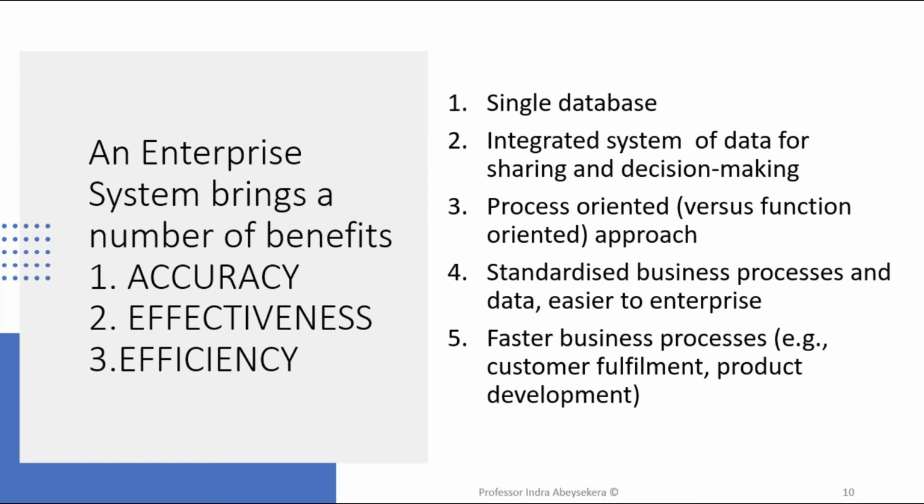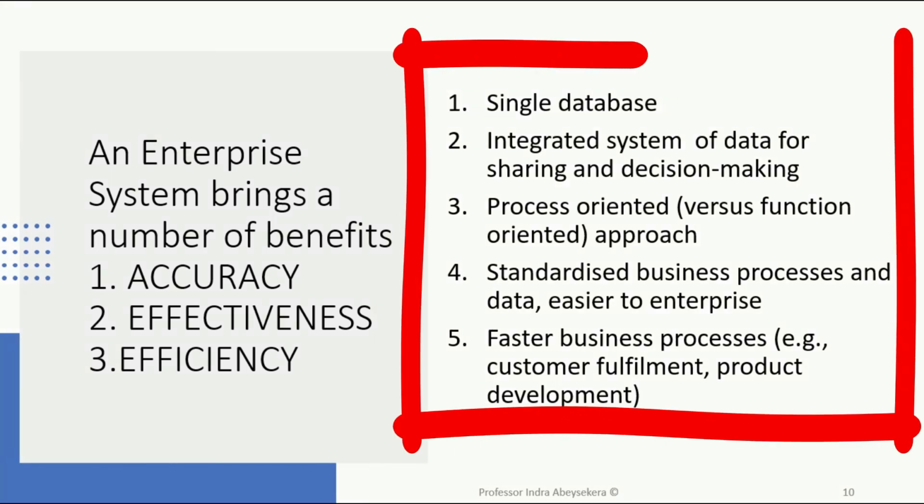One is it maintains a single database. Therefore, the data that's been used, which has been vetted for accuracy and so forth, is shared by all users. It integrates the data for sharing and decision making.